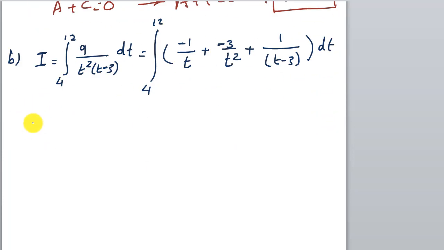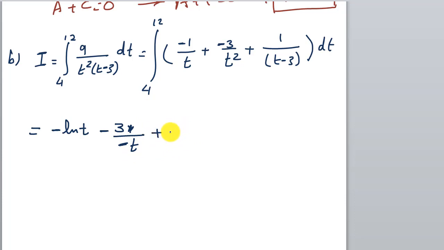Let us find the integration, so this I will equal minus ln t minus 3 divided by, here t to the power minus 2, so it will be minus 1, so minus t.